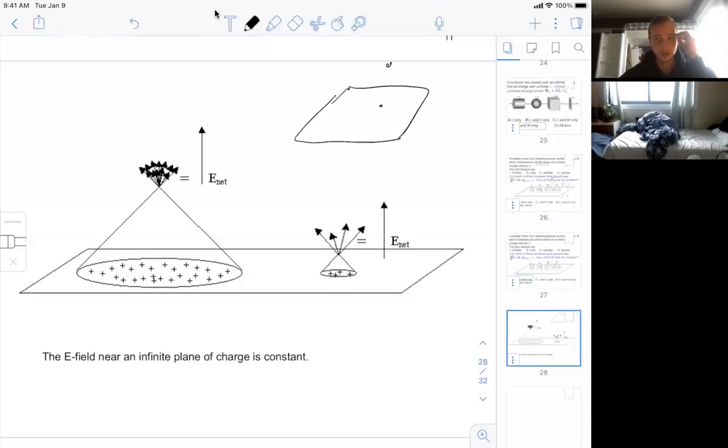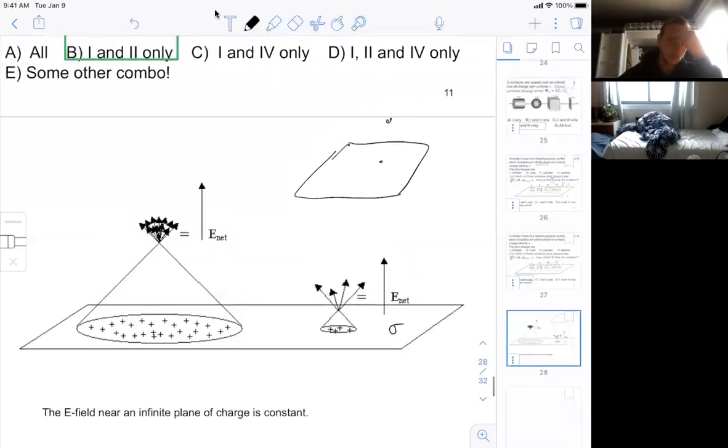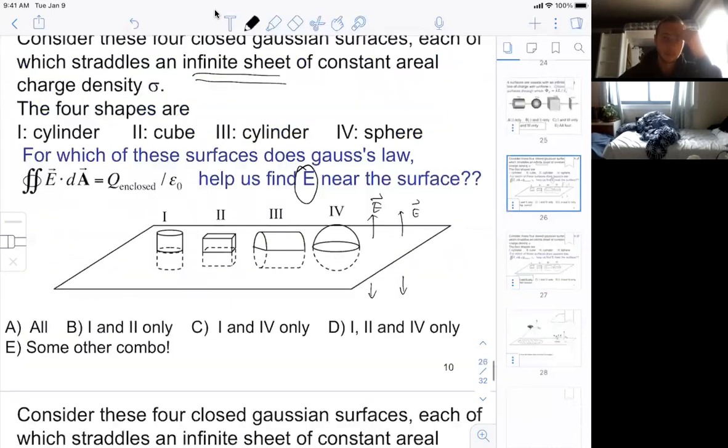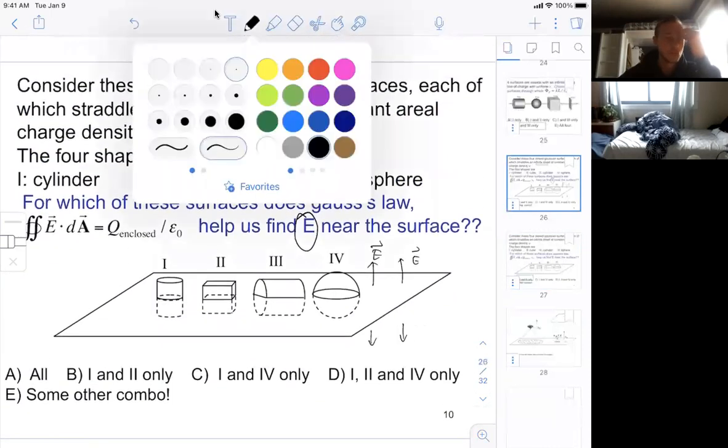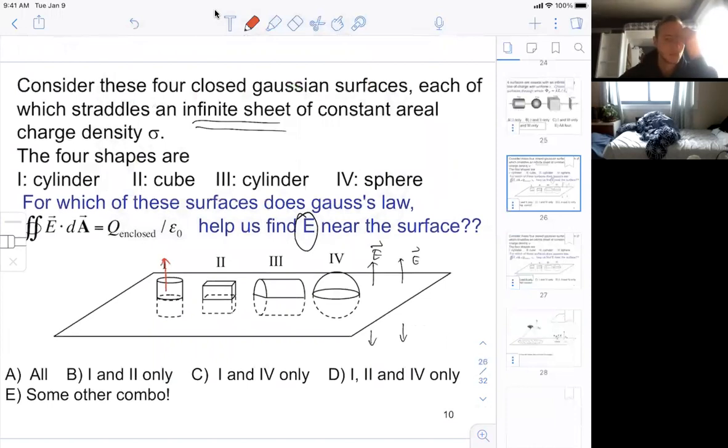So you see those languages all indicating that you can treat it using the infinite sheet model. So E is pointing away from the sheet if it's positive charge. Now going back to Gauss's law, we realize as long as our surface satisfies those two conditions, we already know our E is this way.